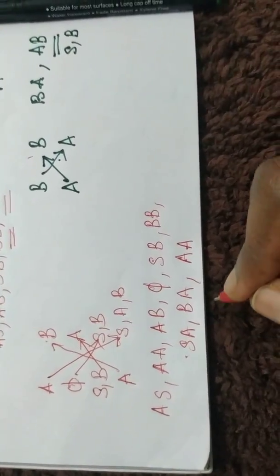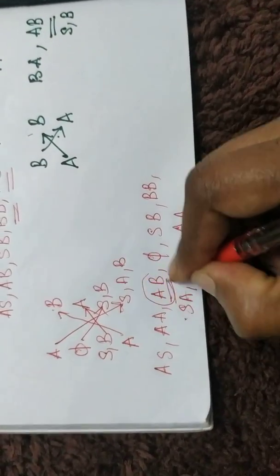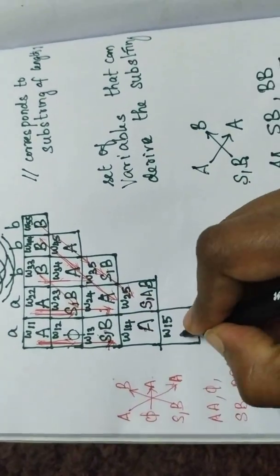So again here also only AB can be derived by S and B from the grammar.